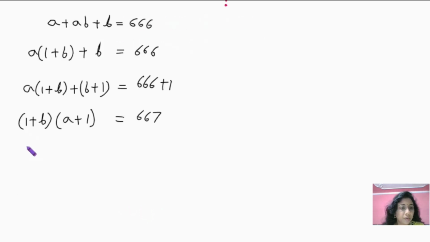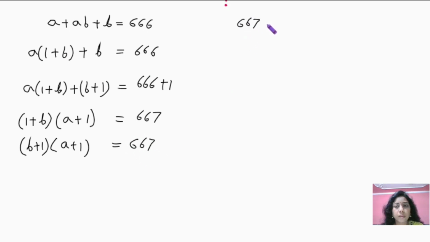Okay, we can rewrite it as (b + 1)(a + 1) = 667. Here are two brackets, which means we can imagine two numbers whose product is 667.